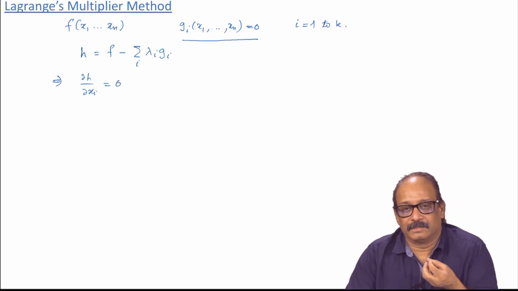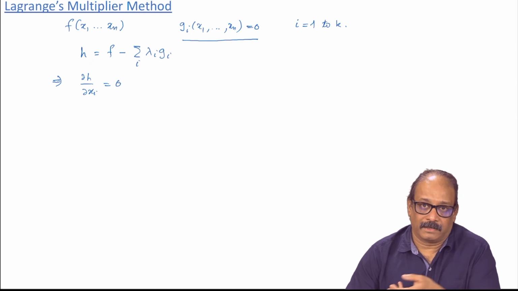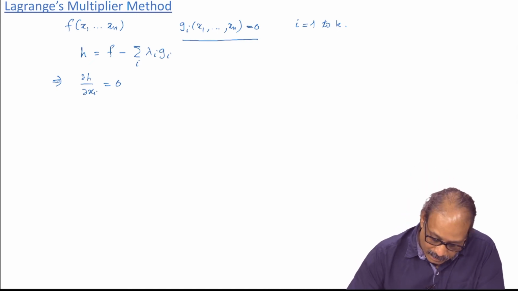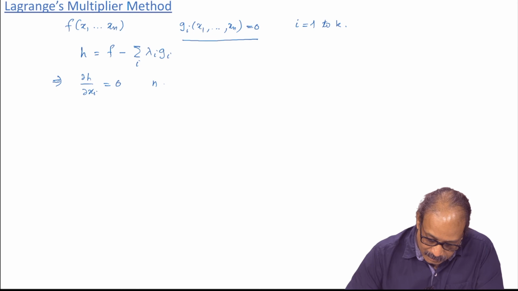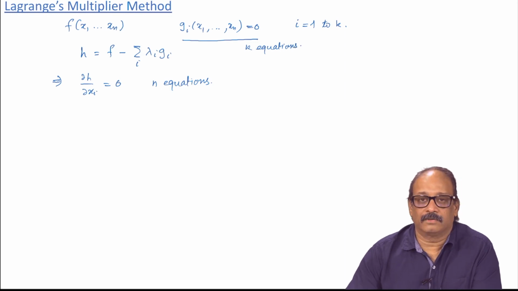a normal problem. You don't have to worry about the variations being independent of each other. You just think of this as a standard minimization problem where all the variables are independent, and these are n equations, and plus you have k equations here. And how many unknowns are you determining?